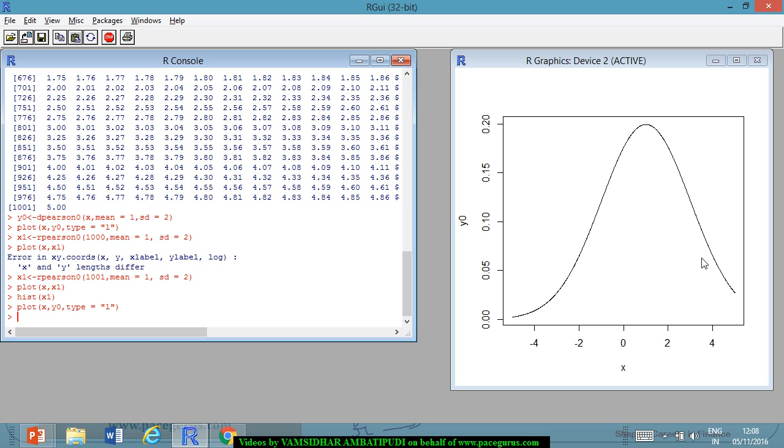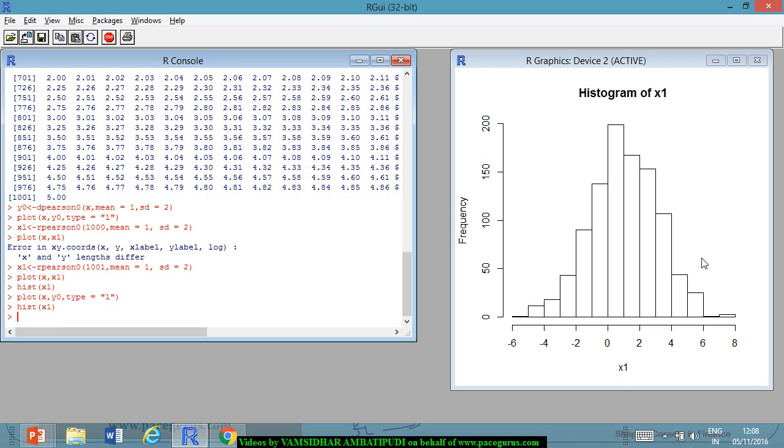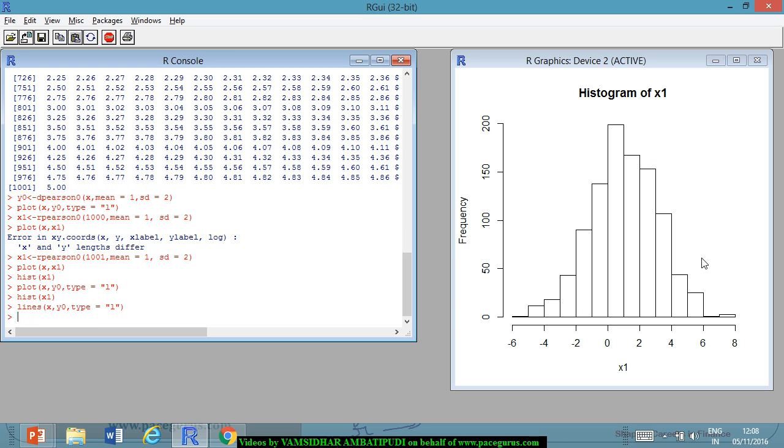Probably I can very well add. I should have plotted the histogram first, and then on top of it I can take the lines. Let me plot the histogram first. This is the histogram, and then I'll take the lines where I am talking about x and y naught.